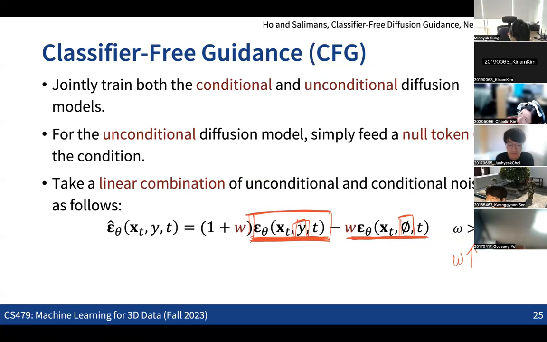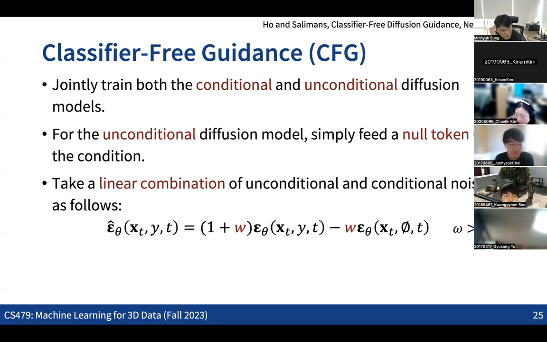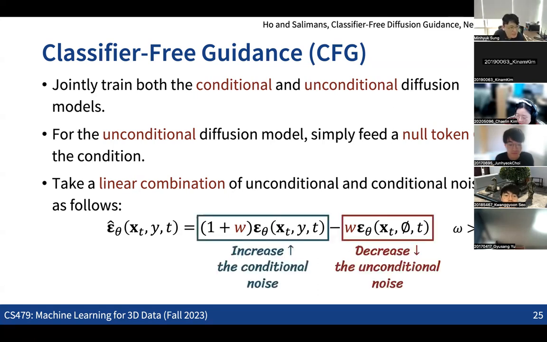There is no theoretical guarantee; it's more of an empirical thing. By making a linear combination of the noise predicted for the conditional case and the noise predicted for the unconditional case, we can give some strength to the conditional input. Empirically, this gave better results that really follow the given condition. So that is the basic idea of classifier-free guidance.